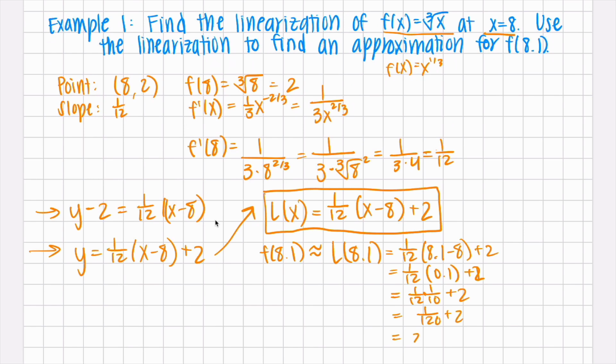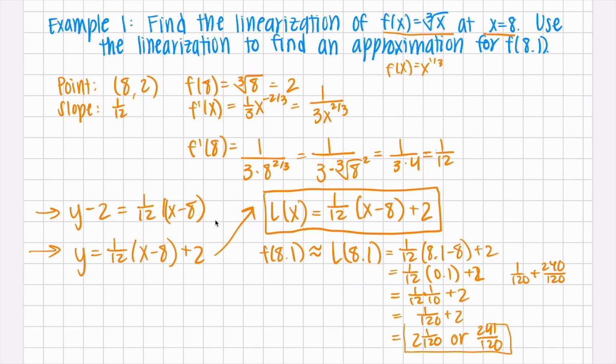I can write this as 2 and 1/120, or I can get common denominators: 120, 240, or 241/120. And we're going to say this is approximately f of 8.1.